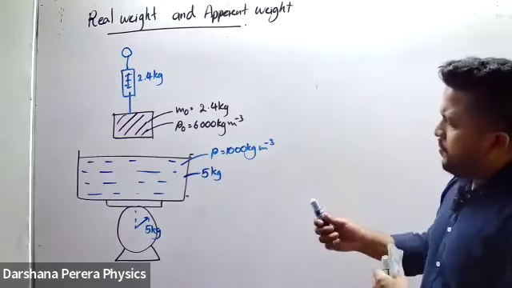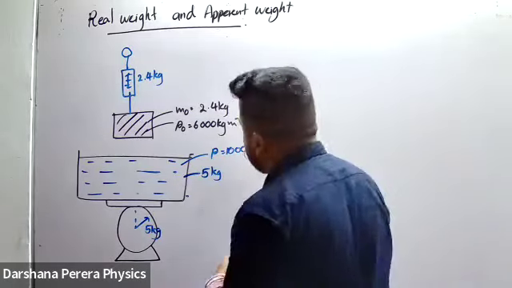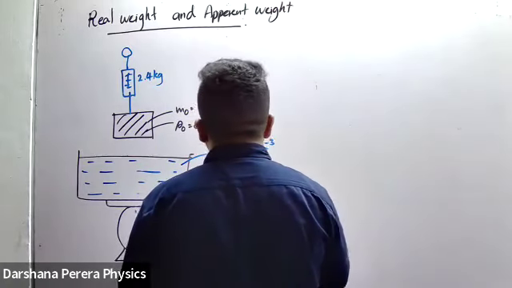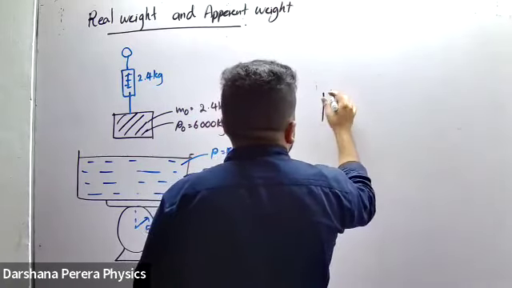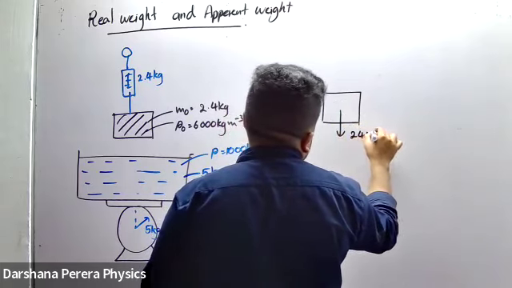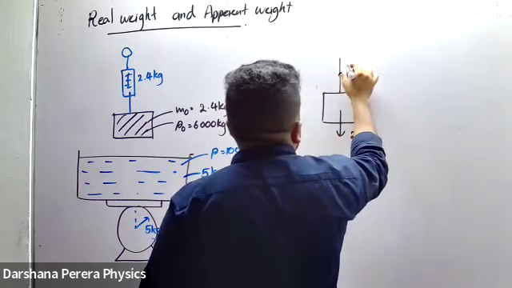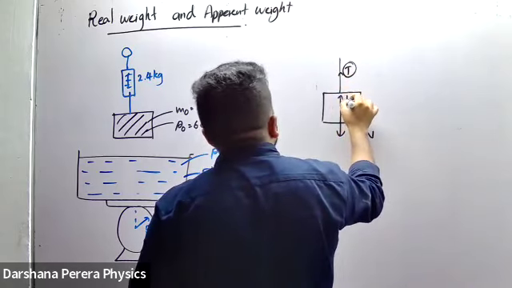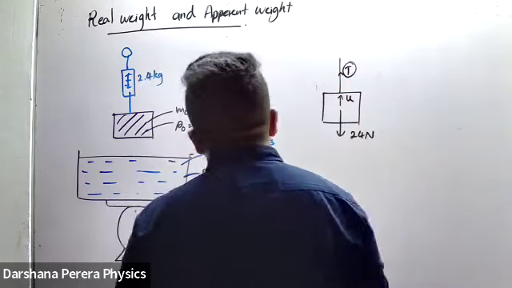When it is submerged into the water, the object has a mass mg of 2.4 Newton. Therefore, the tension and the upthrust. Okay.